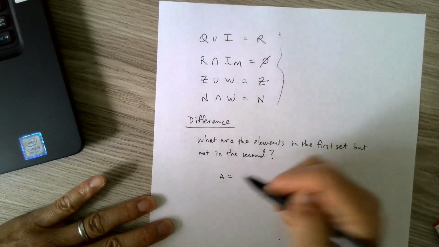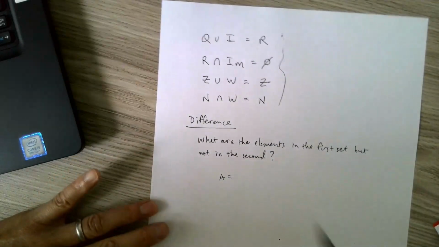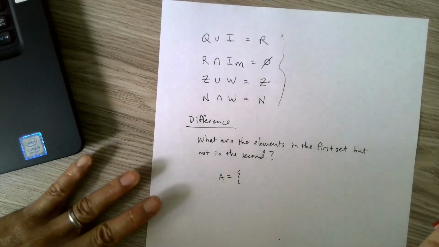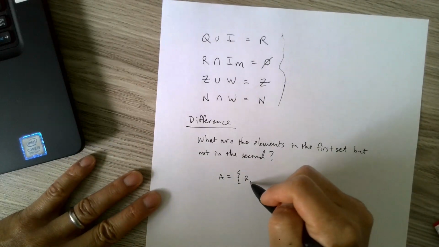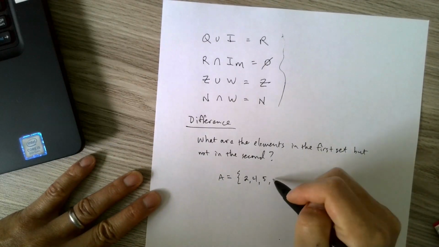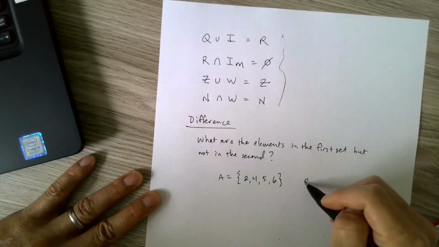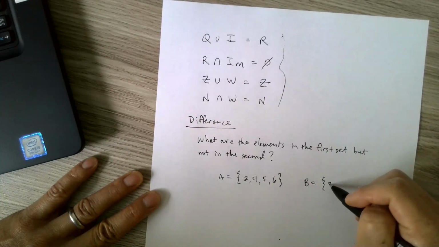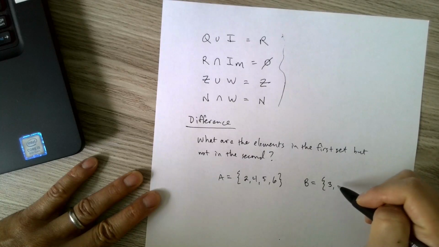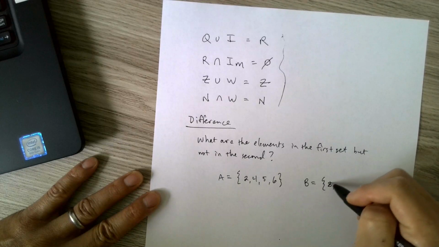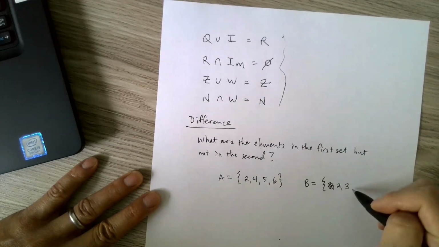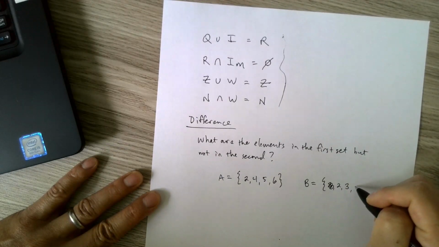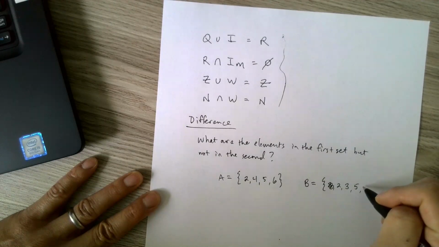So I'm tired of using the same set, so I'm going to change set A. I'm going to make it 2, 4, 5, 6, and I'm going to make set B 2, 3, 5, 7.